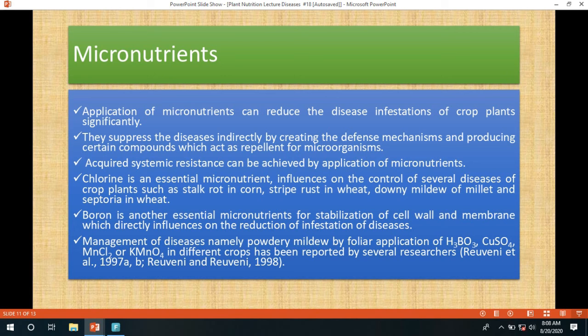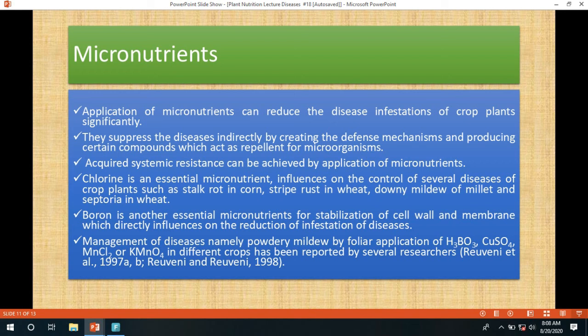Chlorine is an essential macronutrient which influence on the control of several diseases of crop plants such as stalk rot in corn, strip rust in wheat, downy mildew of millet, and septoria in wheat.